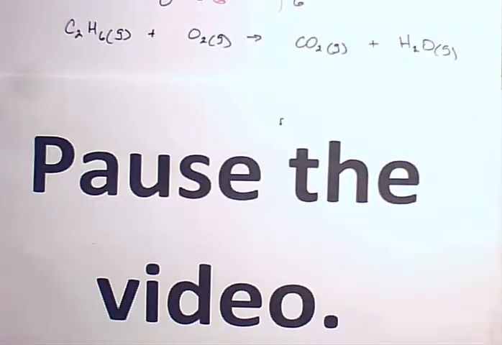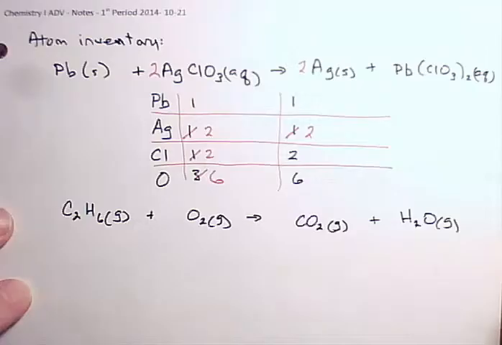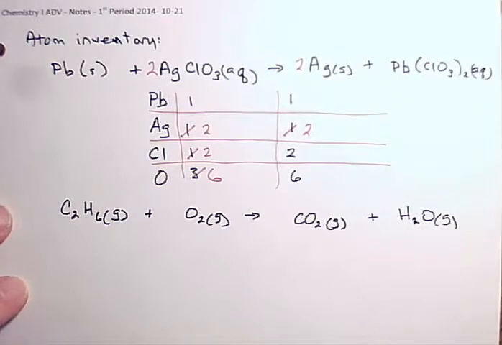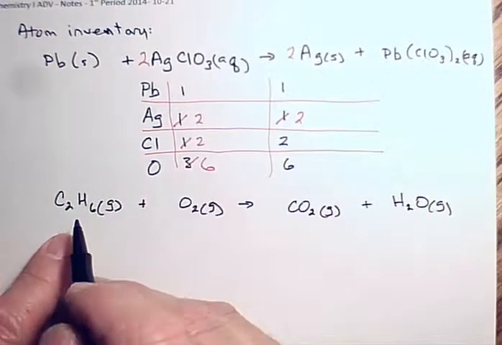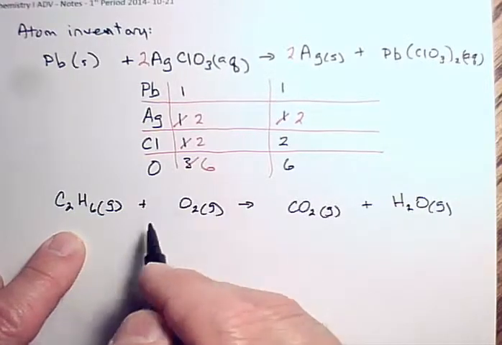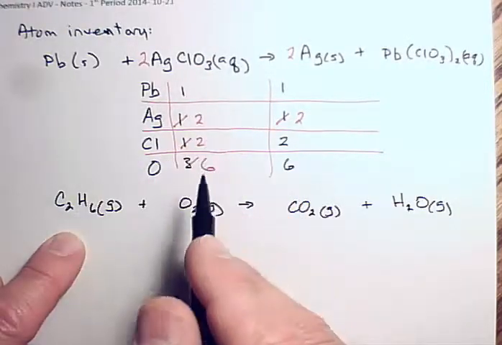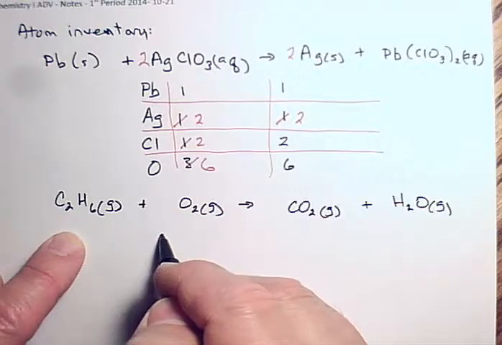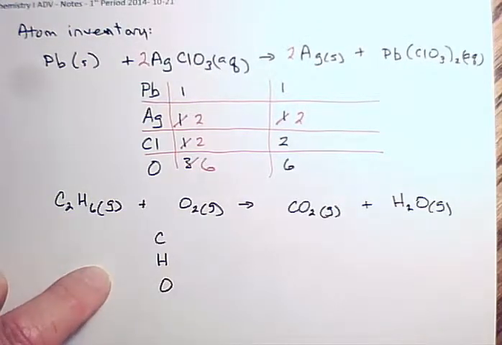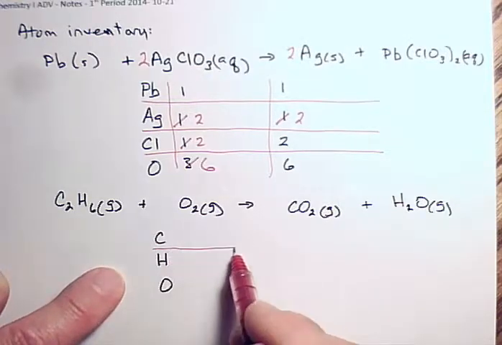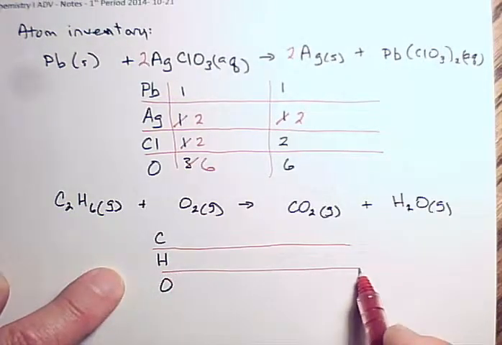And you're welcome to work with a partner. Okay. I kind of expect you to get stuck on oxygen because I'm going to give you a little tip to get past being stuck. All right. So our first thing to do is to write out our atom inventory grid or chart here.